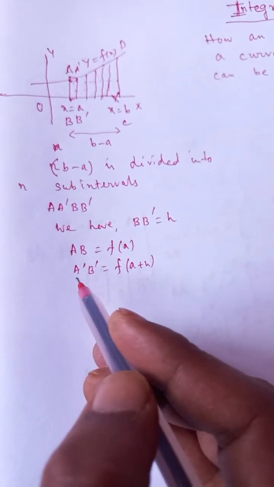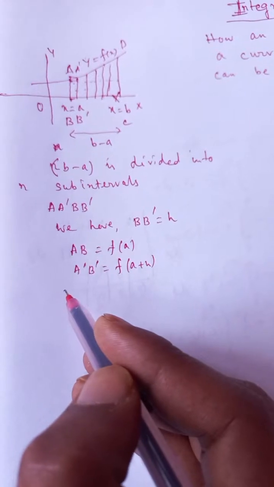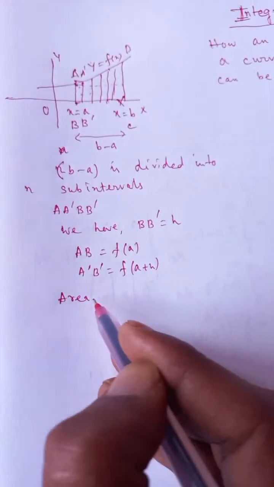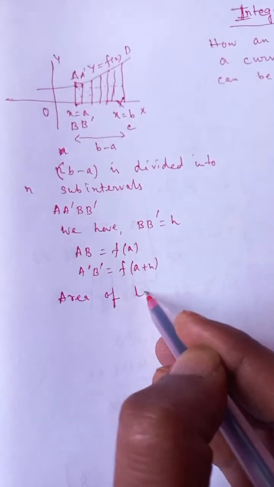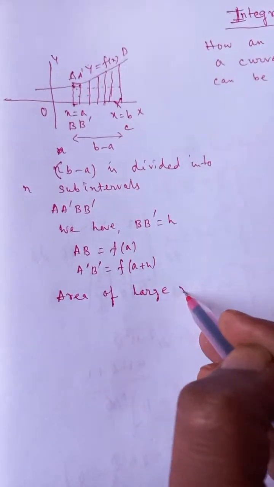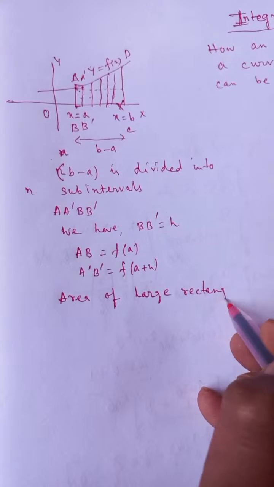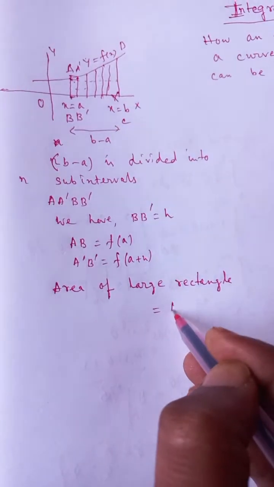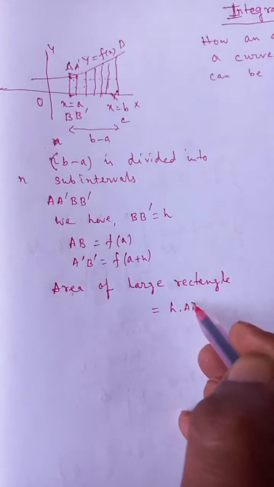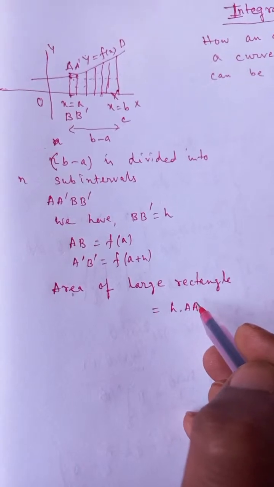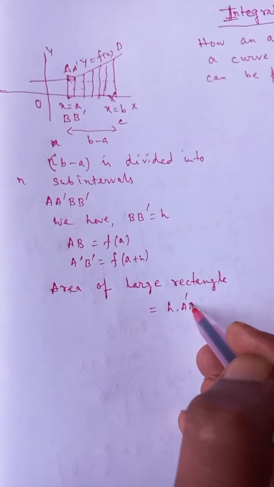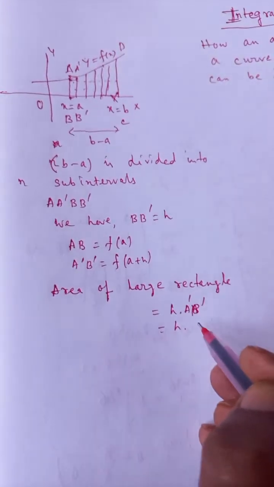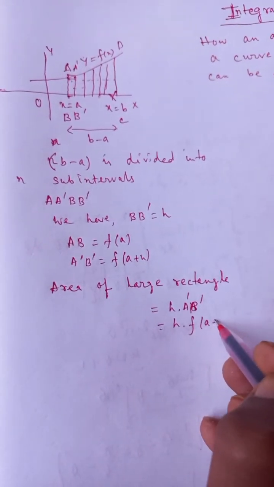If we take the larger rectangle, then the area of the large rectangle will be h into f(a plus h).